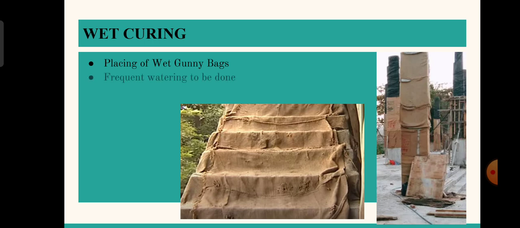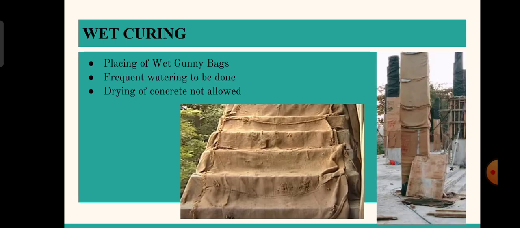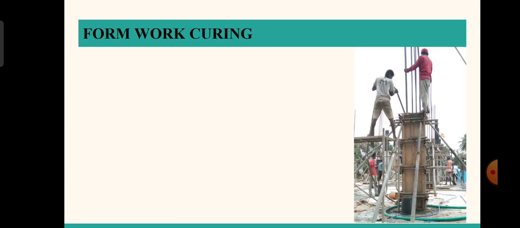So this type of curing is done for both the horizontal as well as the vertical surface effectively. So when you take up water curing, that is called ponding in particular, it is done only for the horizontal surface, whereas in case of wet curing, it is done for both horizontal as well as vertical surface.